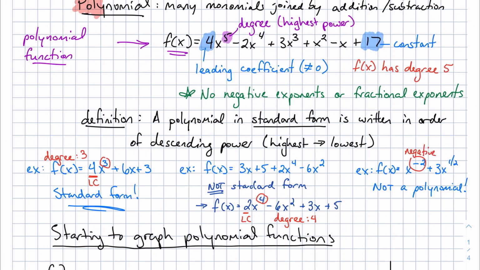And I have a fraction power, or rational power, that's also bad. So this is definitely not a polynomial, so I can't even bother considering whether or not it's in standard form because it's not even a polynomial to begin with.